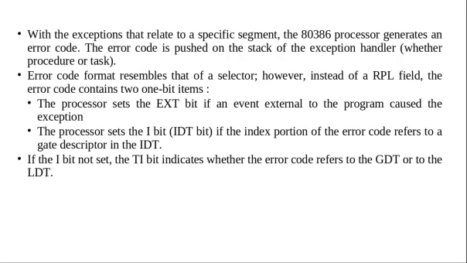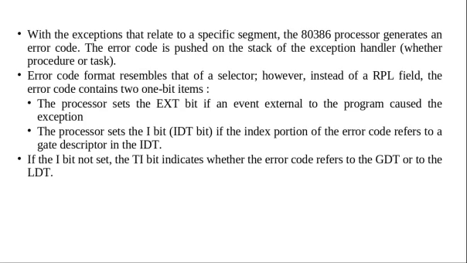When any exception related to a particular segment is generated or raised, the 386 processor generates an error code which defines what type of exception is generated and where it is pointing. The error code generated by the 386 is pushed on the stack of the exception handler, which may be for a procedure or task.